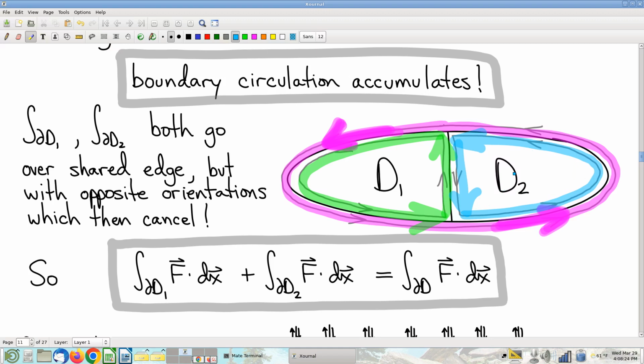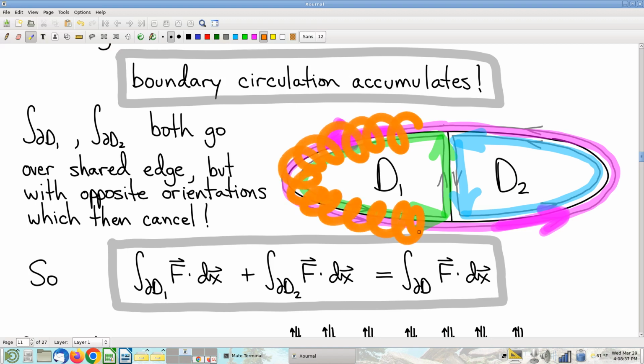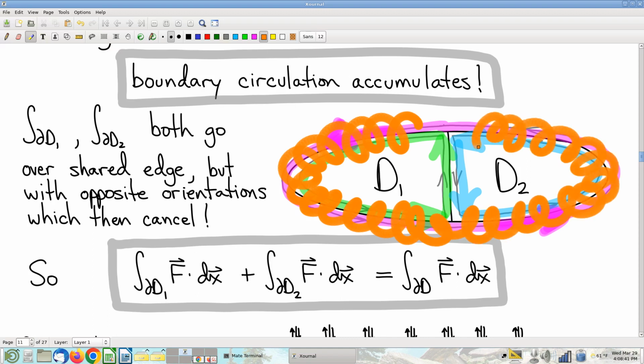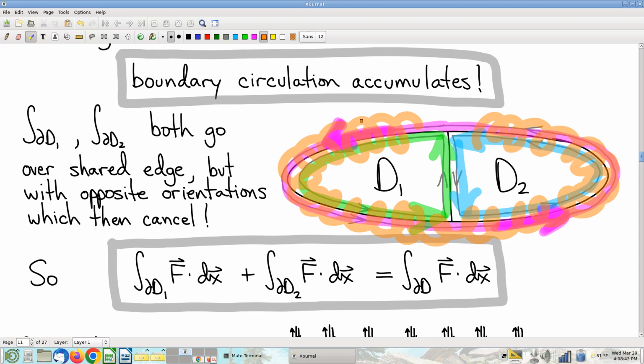Again, you look at the purple versus green plus blue. Let's compare the whole and the sum of the parts. All of this orange here, green is canceling with purple. Over here, blue is canceling with purple. In some sense, a bunch of stuff cancels.